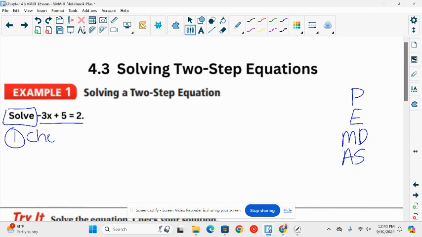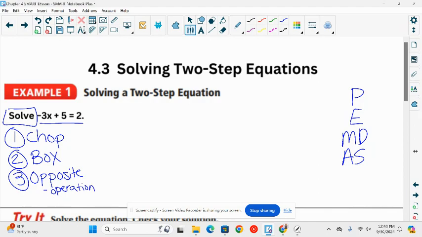We're chopping, we're boxing, and we're going to do the opposite operation and the opposite order in which we would normally do something. So whenever I see the direction solve, I should instantly think chop, box, do the opposite.